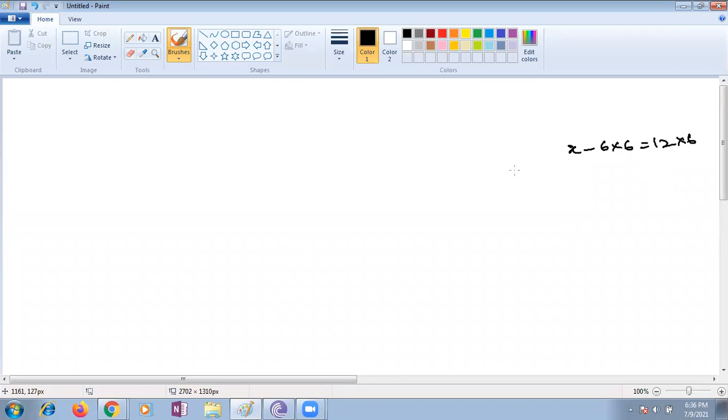You can do the same procedure here also, but for the complete part, 6 into 6, how much, Nana? Ma'am, 36. So you need to find the value just by adding 36 on the right side. That's all. This is the value of x. Ma'am, but if we do it in the method that you say, the question is x minus 6 equals 12, right?